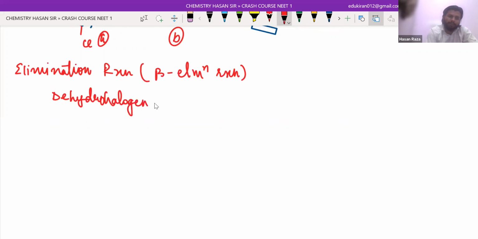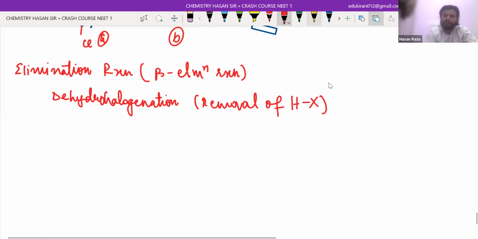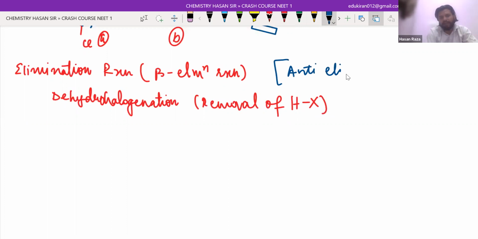Dehydrohalogenation means the removal of HX. And this is also known as anti-elimination. What is anti-elimination? I will explain with the help of an example.